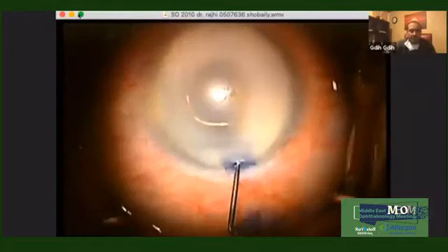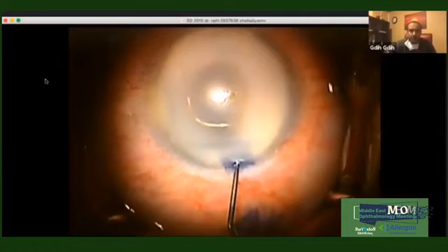I have a similar cohort of patients where I do tubes. The biggest thing is that I do worry about the corneal melt and scleral melt. And typically this would be a rheumatoid arthritis patient.